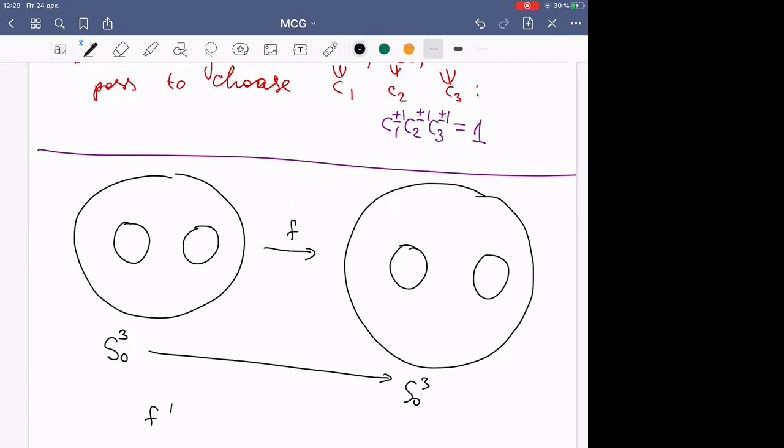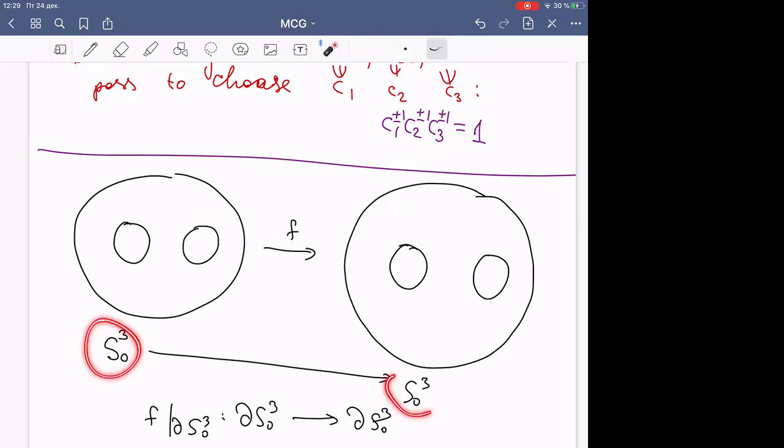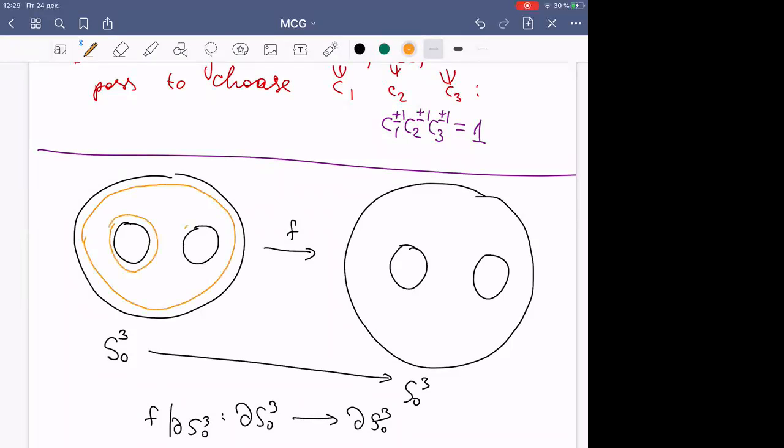So F on the boundary is a diffeomorphism from the boundary of the first sphere with 3 holes to the second. I'm sorry for denoting them by the same letter, but it doesn't matter at all. But moreover, it is a diffeomorphism on some regular neighborhoods of these boundary components.